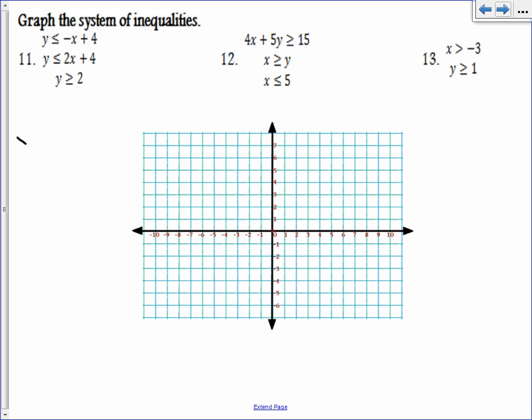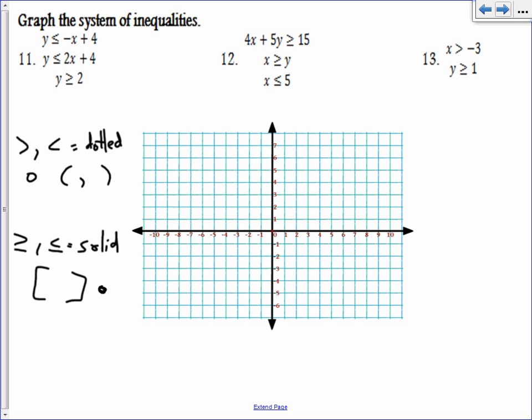So what else we got? We got greater than or less than is dotted. Remember that? Dotted or an open circle or parentheses if we're talking about interval notation. Greater than or equal to, less than or equal to is solid. Or if we're talking about interval notation, we use brackets or we use a closed circle.